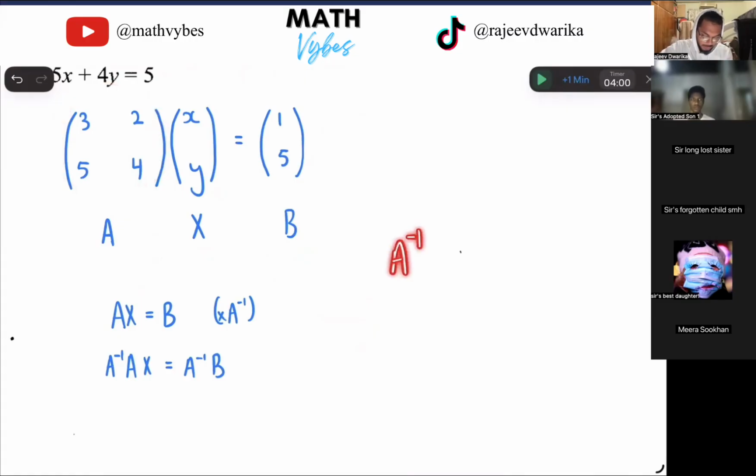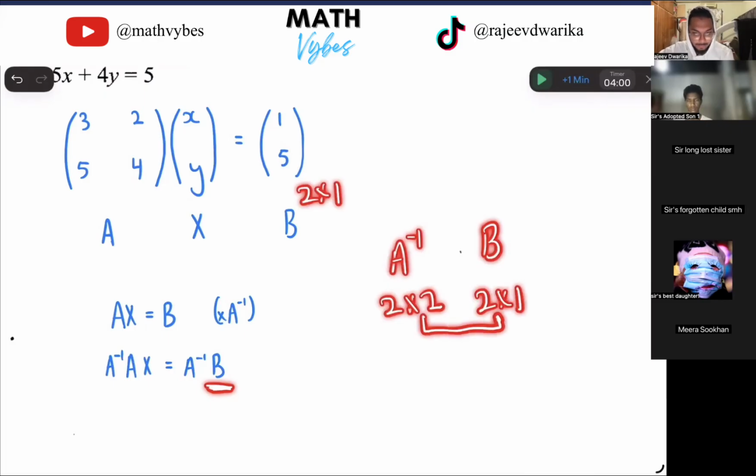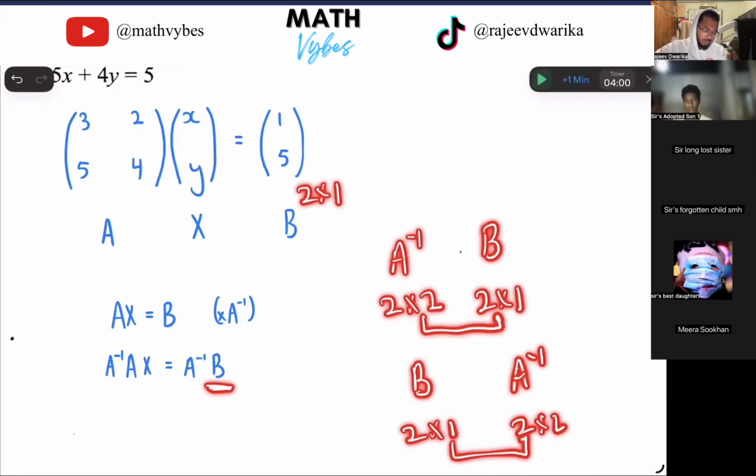So A inverse is going to be a 2 by 2 matrix. Can you tell me the order of matrix B? 2 by 1. Right. Will this work out? Are the inner numbers the same? Yes, sir. But if you change it, it won't work out, because B is 2 by 1 and A inverse is 2 by 2. It wouldn't be the same.